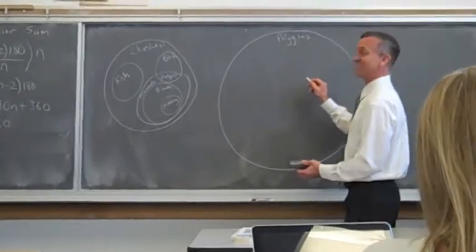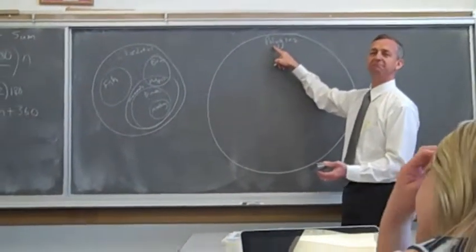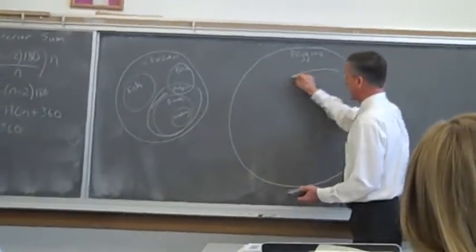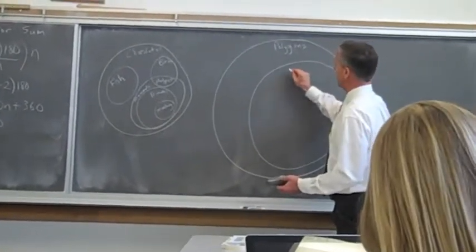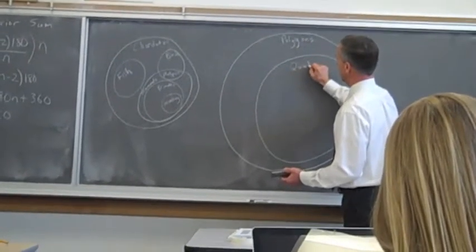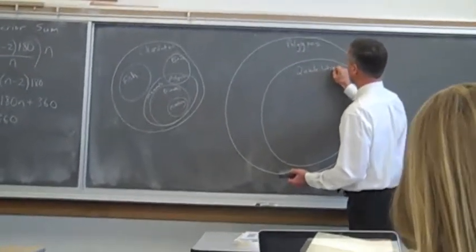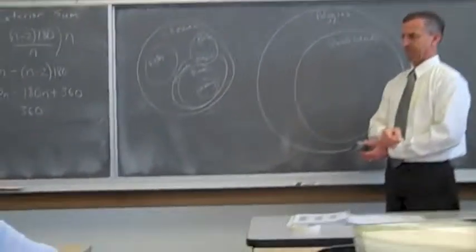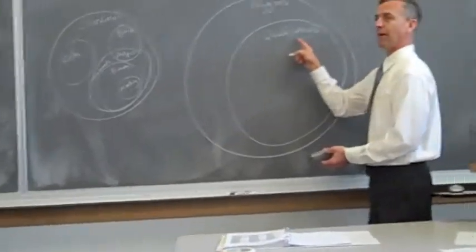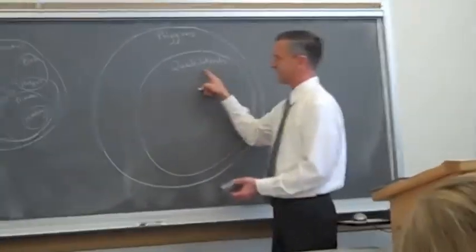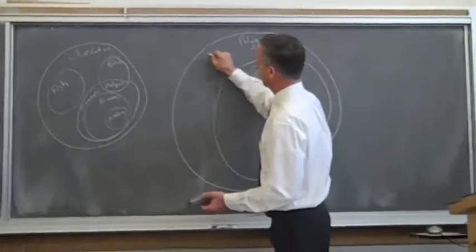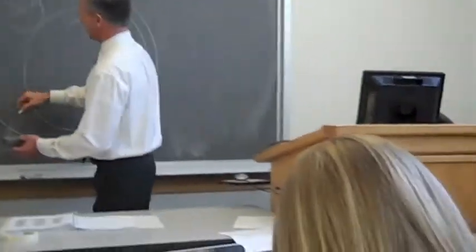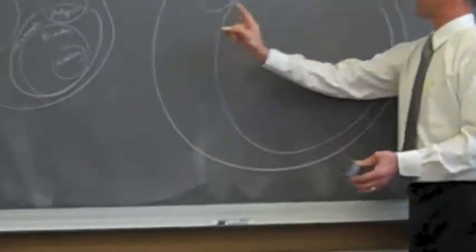Poly means many, so this is many-sided. Inside here, we're going to have quadrilaterals. That means it's got four sides. Out here would be a pentagon and a hexagon and an octagon, but we're not going to worry about outside of here.